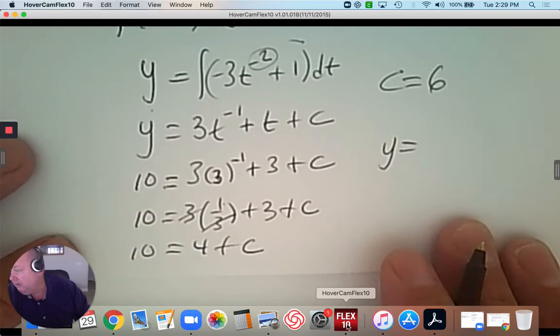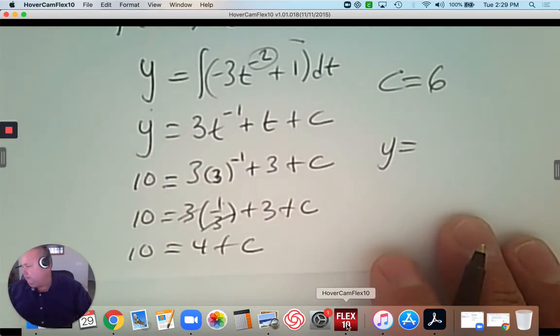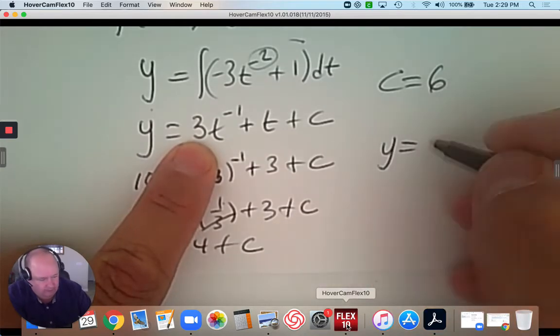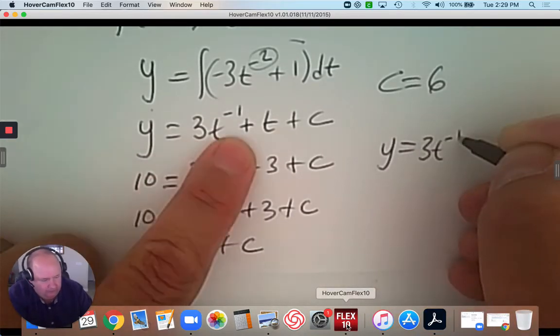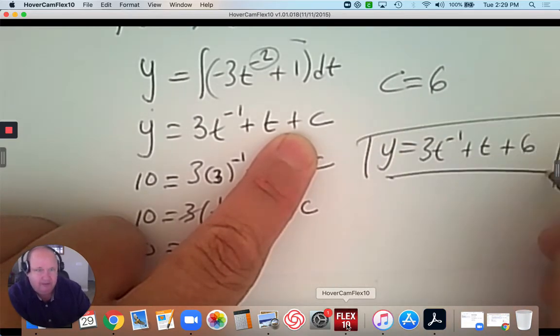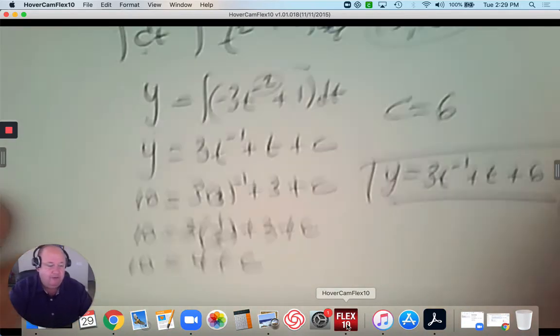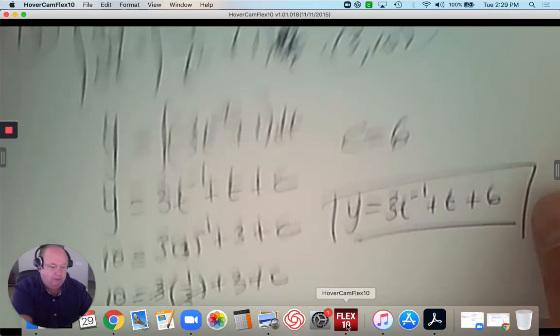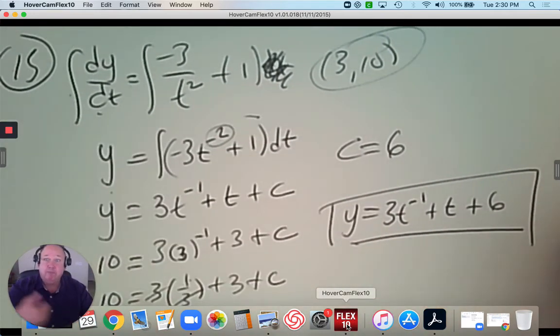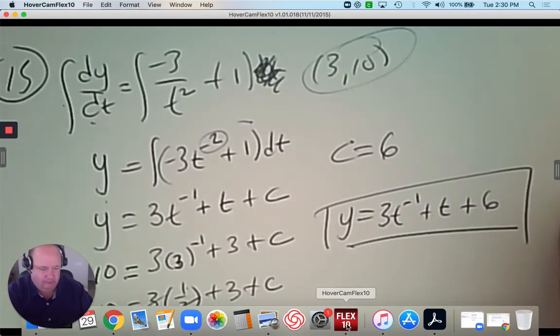Then I need to put it all together from here and write down 3t to the negative 1 plus t, and c is 6. And now you have the equation. So you're given the derivative and a point, and you're able to do the antiderivative, plug in the point, and now you can work backwards and find what the equation is.